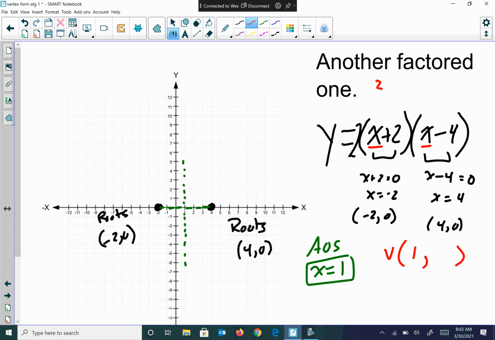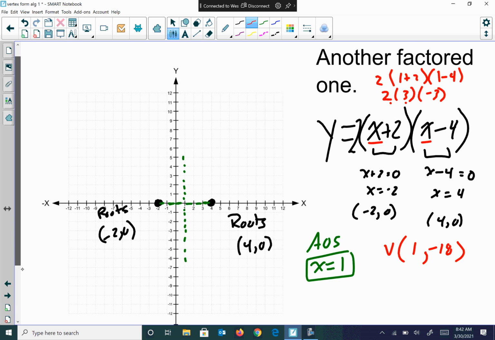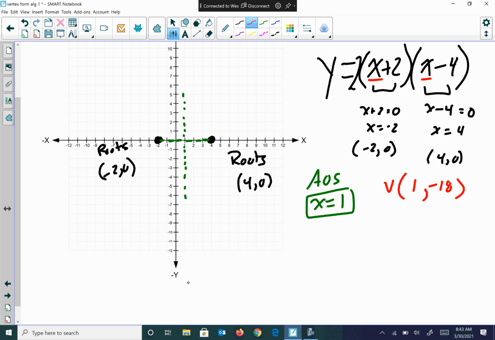So I get 2 times 1 plus 2, 1 minus 4. 1 plus 2 is 3. 1 minus 4 is negative 3. Uh-oh. 2 times 3 is 6. 6 times negative 3 is negative 18. Oh, boy. Made one that's kind of off.